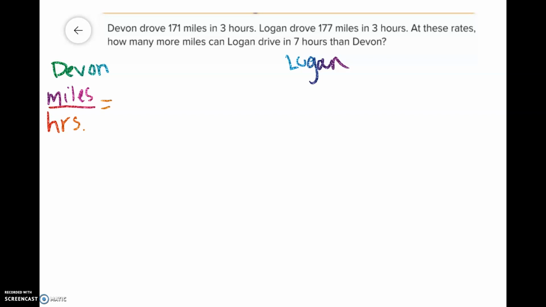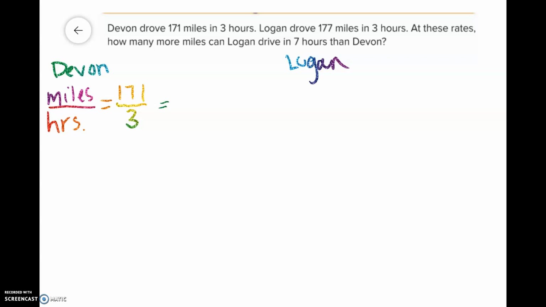And what they told us about Devin is that he drove 171 miles in 3 hours. And what we need to find out is, at these rates, how many more miles can Logan drive in 7 hours than Devin?